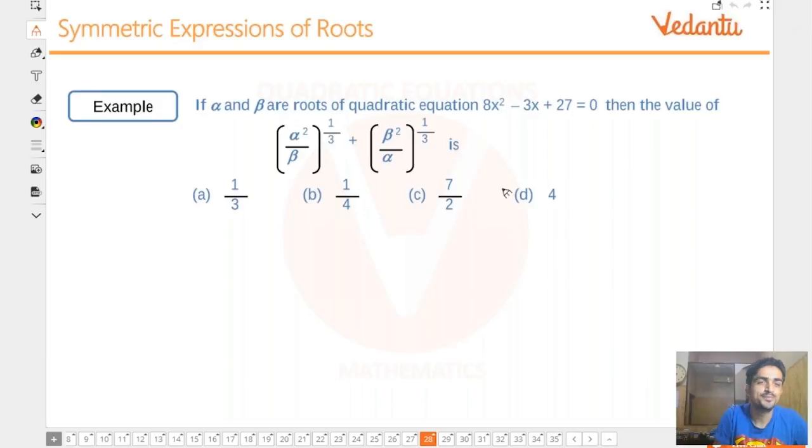Yes, Rajneesh. This is again the same kind of question. Just the calculations are a bit tougher. So this is your homework. Take a screenshot. You just have to use sum and product and simplify and calculate the value.